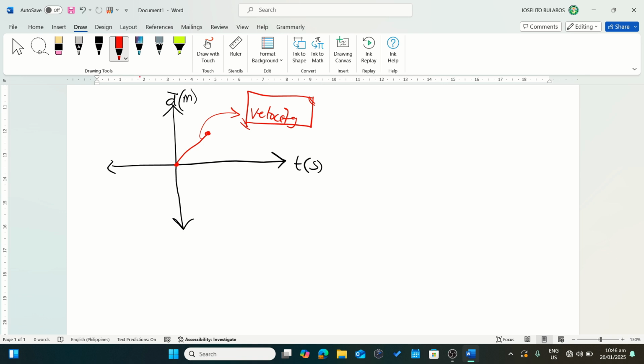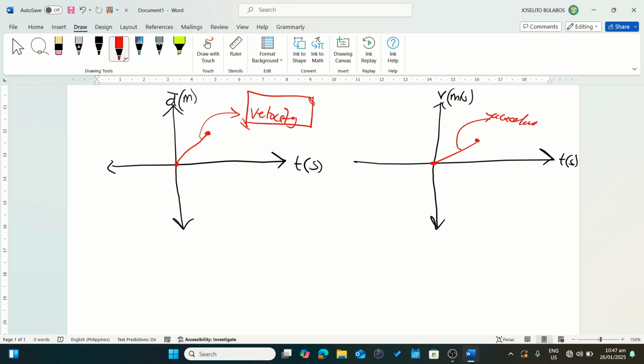Now, if we graph velocity in meters per second versus time, what do we get? We actually get acceleration. So acceleration is the slope of the velocity versus time graph.